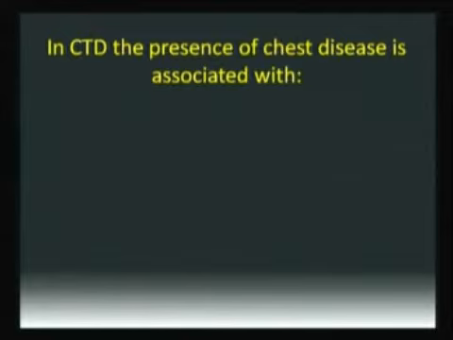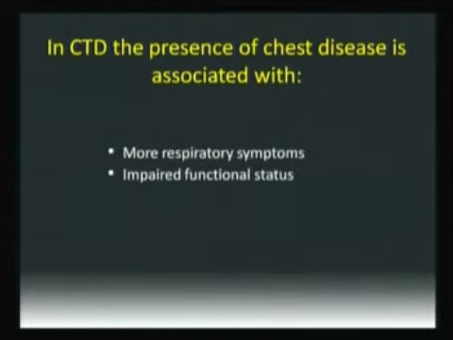So in connective tissue disease, the presence of a chest disease is associated mainly with more respiratory symptoms. The patient gets more dyspnea. They have impaired functional status, they're less efficient in daily life. The quality of life is lower in patients with lung involvement and connective tissue disease as compared to patients with connective tissue disease and no lung involvement.